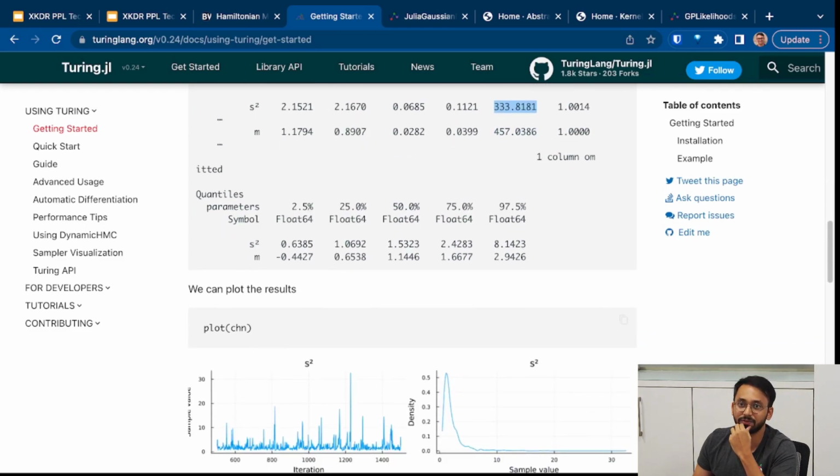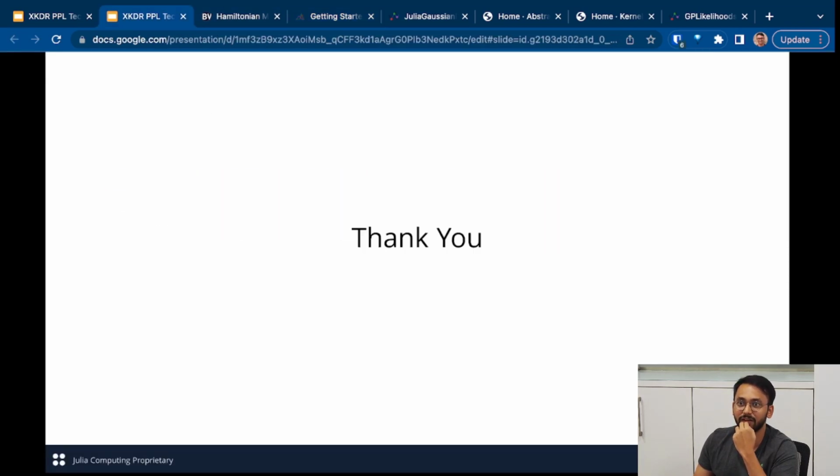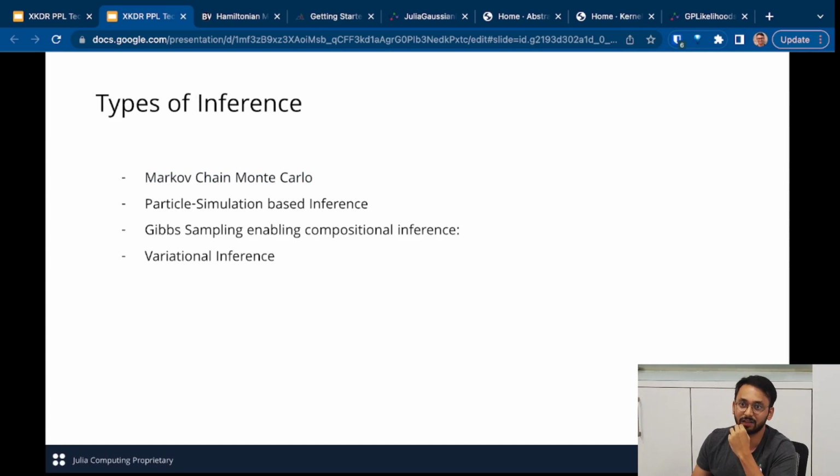Apart from this, there are more advanced usages where you can use different inference methods, like the ones we mentioned here: particle simulation based methods, Gibbs sampling, and variational inference. These are out of scope for this talk, but please refer to a larger talk for this.